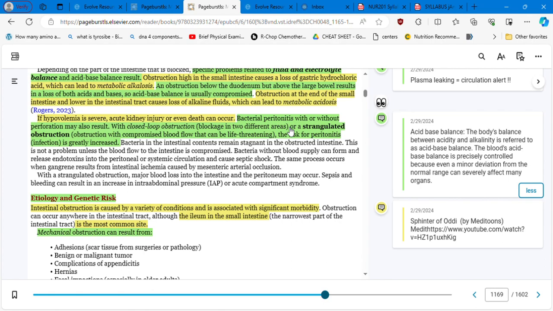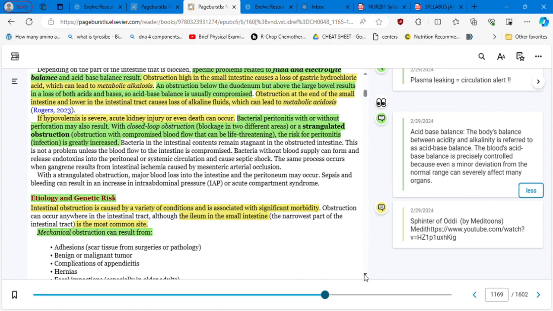So all the contents are going to be within the jejunum only, okay? Or a strangulated obstruction with compromised blood flow that can be life-threatening. It's strangulated. The risk for peritonitis infection is greatly increased.